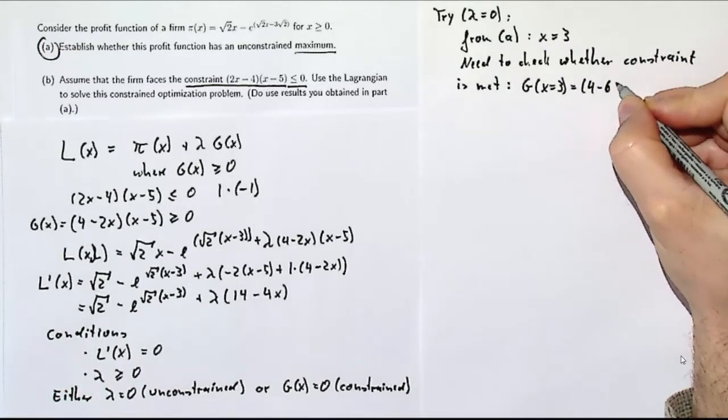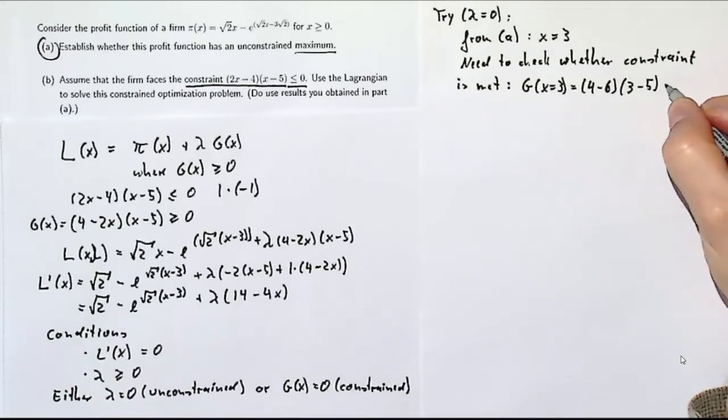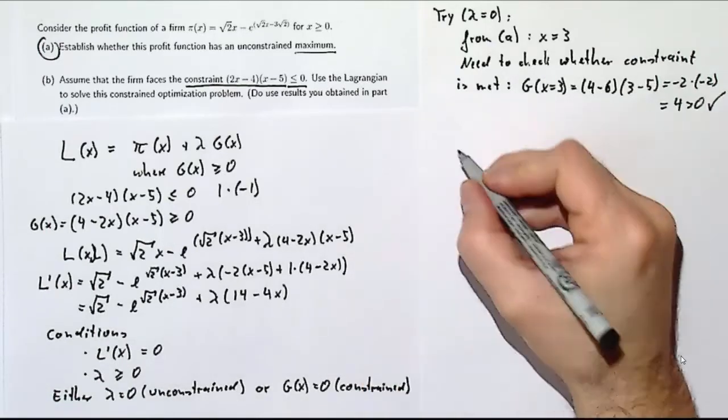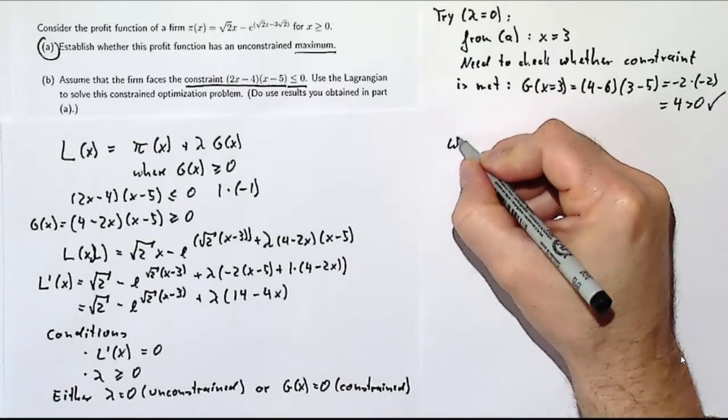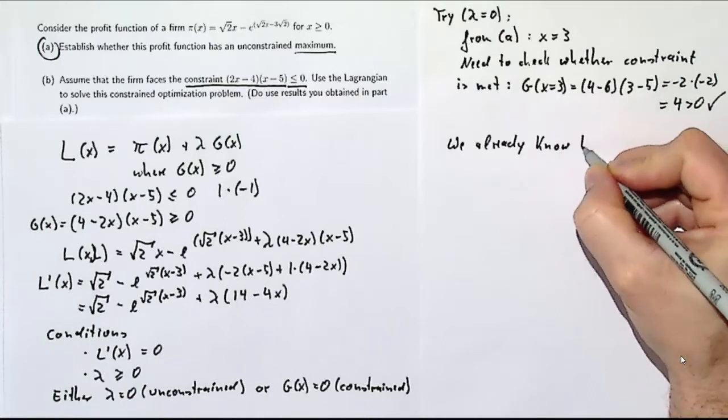So we look at our constraint function over here, and we substitute in x equals 3. So we have 4 minus 6 times 3 minus 5, and that is -2 times -2, and that is 4, and that is, as required, larger than 0. So a check. We are not falling foul of our constraint.